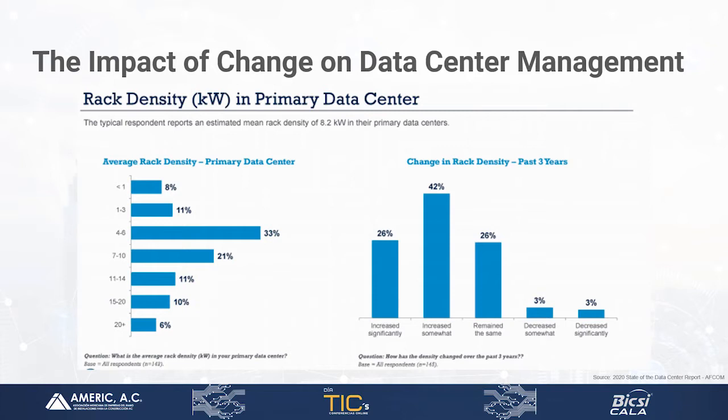The most common rack density is now around 4 to 6 kilowatts per cabinet, but we're seeing anywhere from 7 to 20 plus kilowatts per cabinet showing up in data centers. 26% of the respondents say their rack densities have increased significantly in the past 3 years, and 42% say they've increased somewhat. So the trend is toward higher density cabinets in terms of power, as reported by AFCOM.